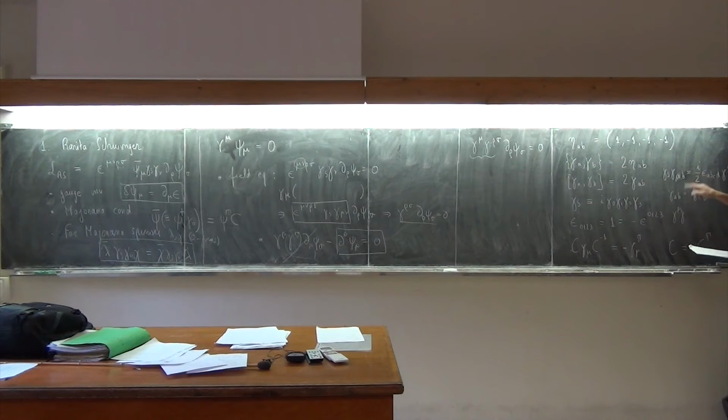I'm making no distinction between curved and flat indices because we are in flat space, and so it's the same thing, but they will be, of course, distinguished when we couple gravity. And I will say how. This gamma mu, gamma rho sigma, you can rewrite as a gamma mu rho sigma, that is the product totally anti-symmetrized of 3 gamma matrices.